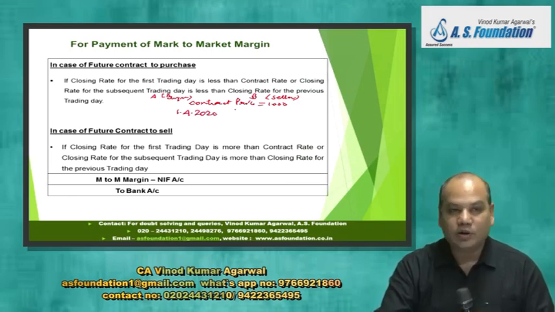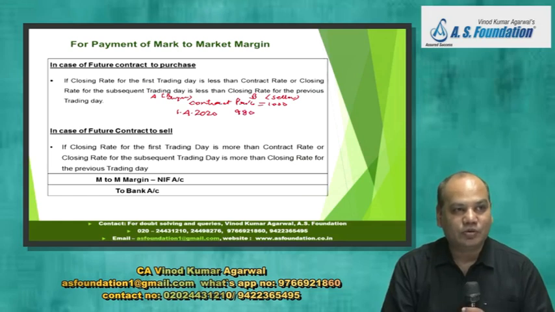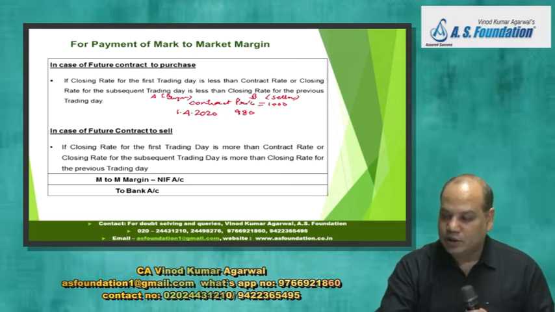Now on 1st April 2020, at the end of the day, the future is trading at 980. Today we entered into the contract in the morning, and the market closed when the future is now trading at 980, which means I am having a gain or a loss. A.